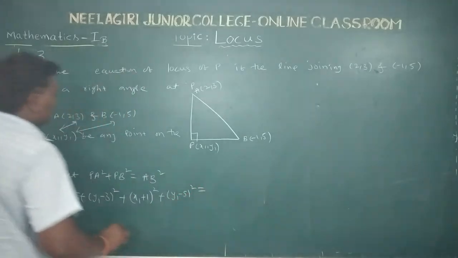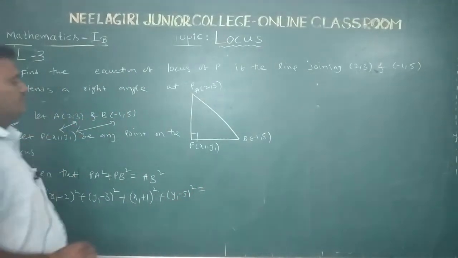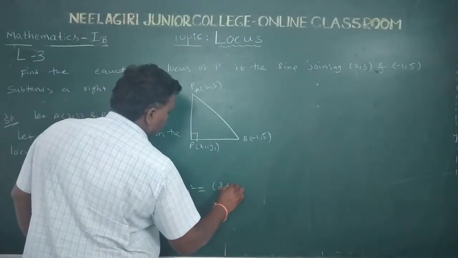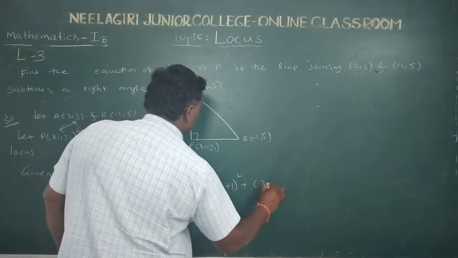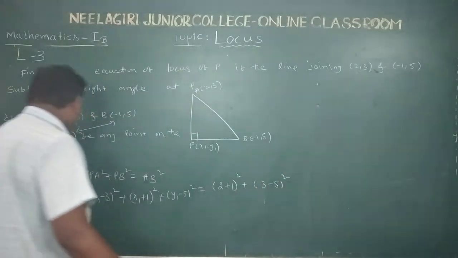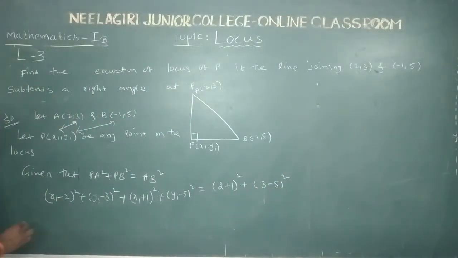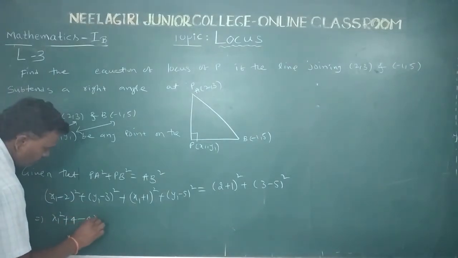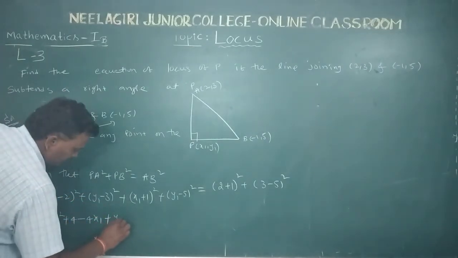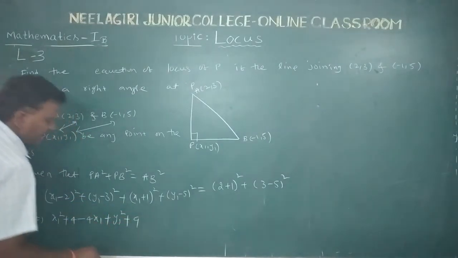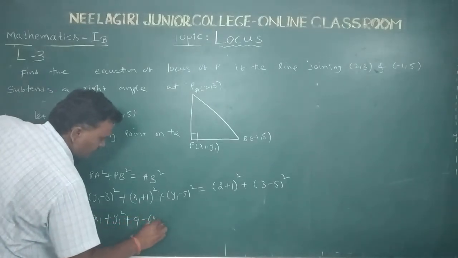AB square is the distance between A and B: (2 minus minus 1, that is 2 plus 1) whole square plus (3 minus 5) whole square. What is the formula for (a minus b) whole square? x1 square plus 4 minus 4x1, plus y1 square plus 9 minus 6y1.